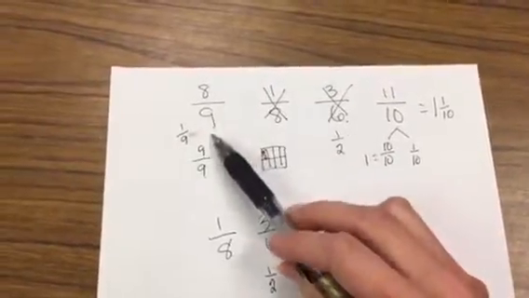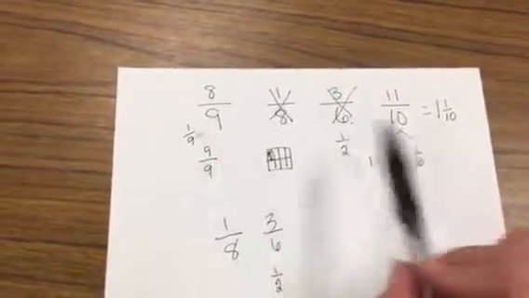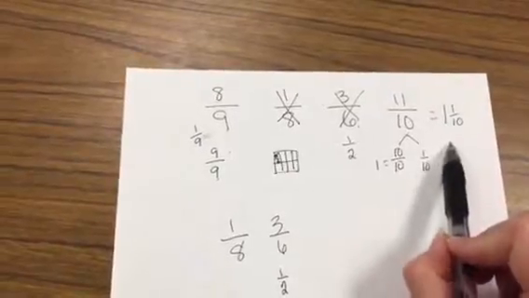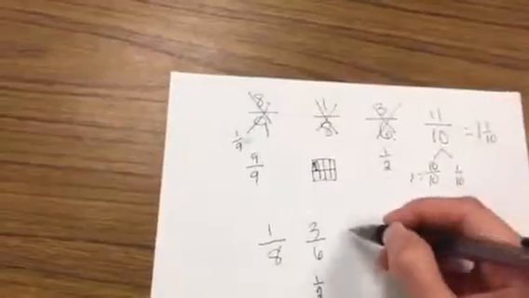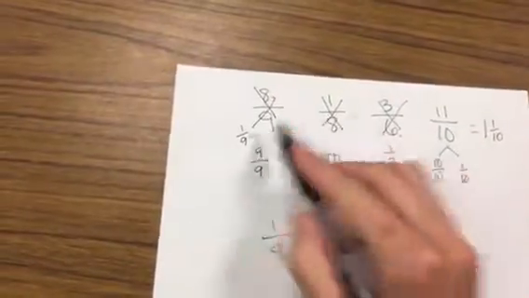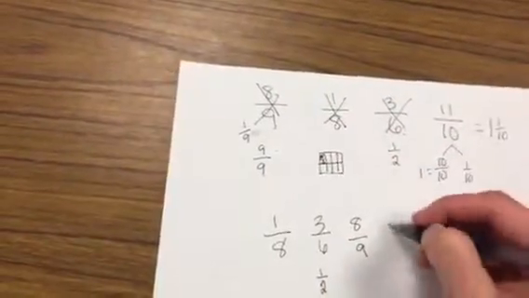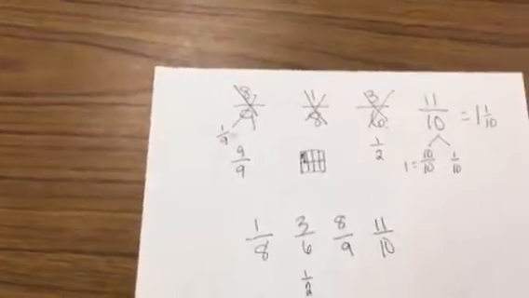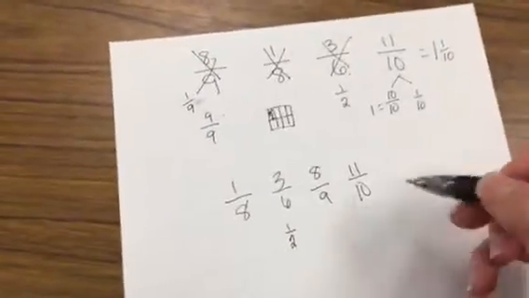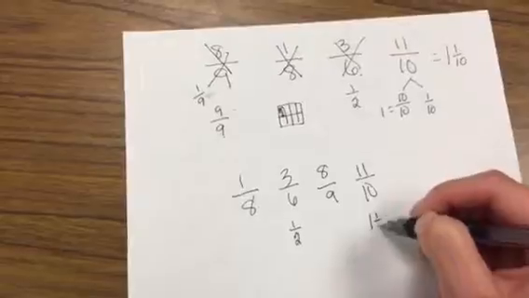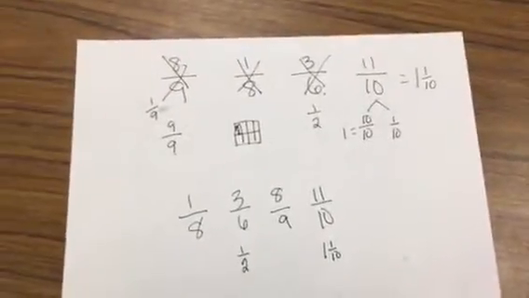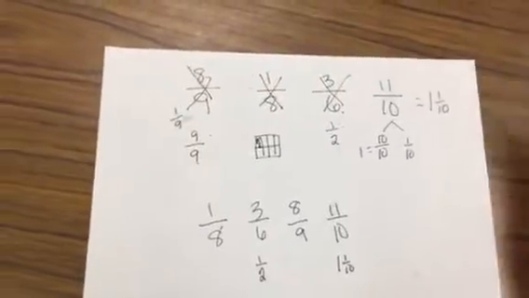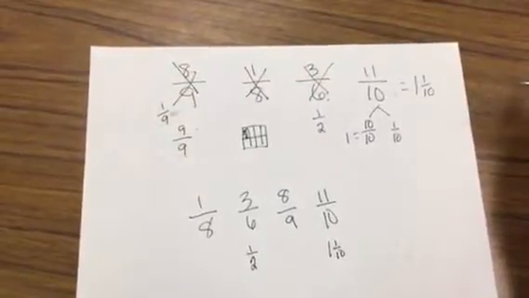Well, this one is almost a whole, and this one is a little bit bigger than a whole. So if this is almost a whole, that means it's going to be the least out of those two, which means this one, 11/10, would be the greatest. And again, on 11/10, if you wanted to write 1 and 1/10 under it, that's fine with me. But I would like for you to write 11/10 since that was the fraction that you started with.